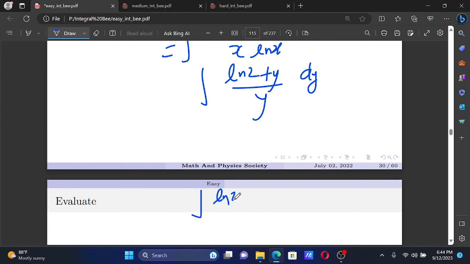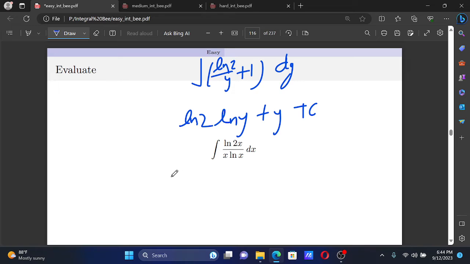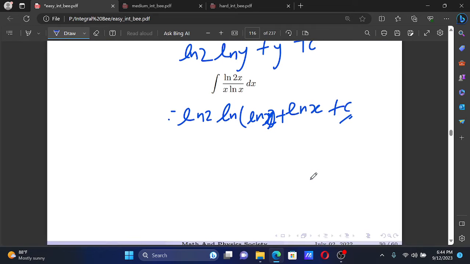It's (ln 2 / y plus 1) dy. So now this one is ln 2 ln y plus y plus c, and y is ln x, so it's ln 2 ln(ln x) plus ln x plus c.